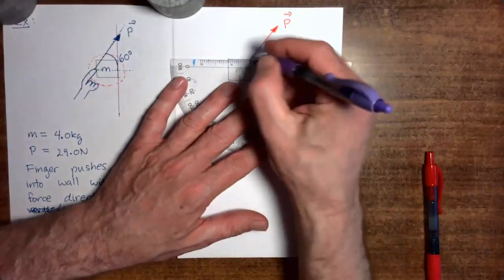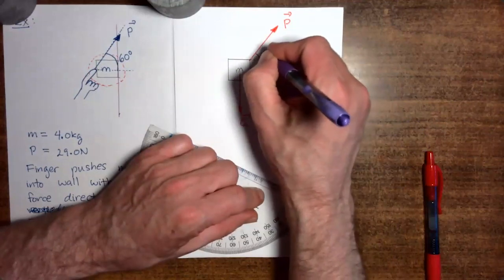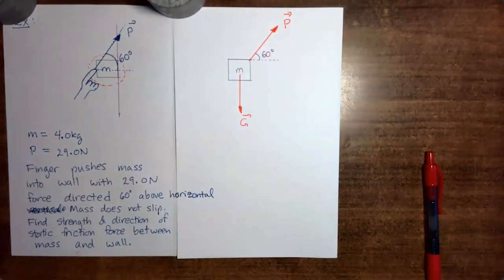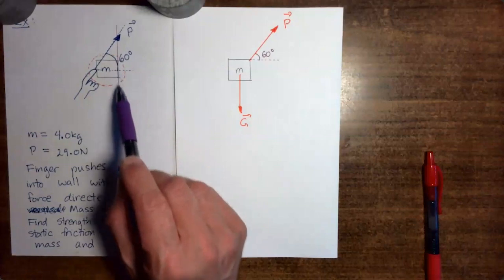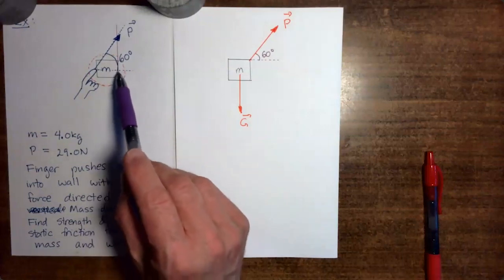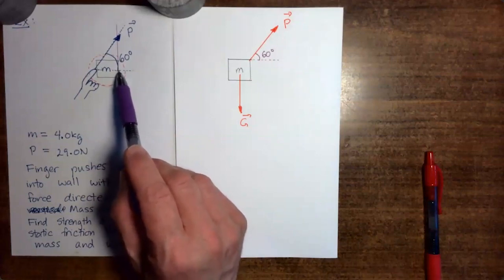Okay, and let me also indicate the direction here. It is 60 degrees above the horizontal. Okay, now the other thing we see reaching in through the dashed line to contact the mass is the wall itself. Now, the wall will exert a normal force on the mass. So that normal force that the wall exerts on the mass will be pushing out to the left.